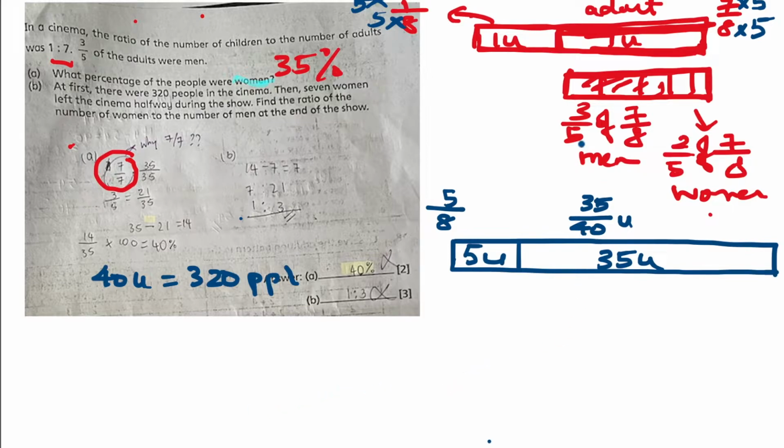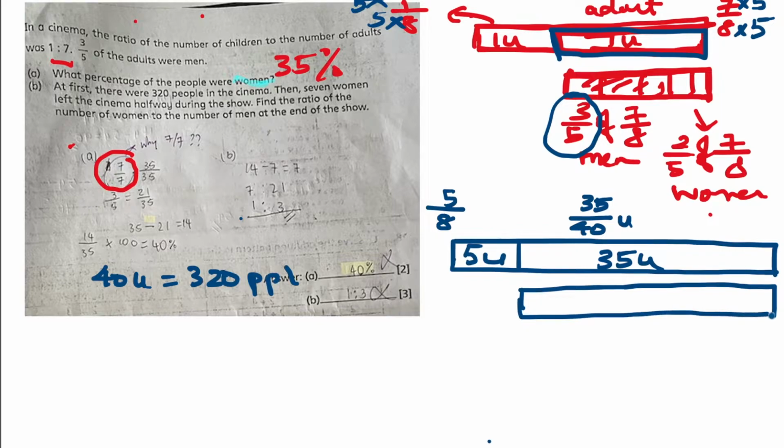Okay, we know that man is actually 3/5 of this thing here. Correct or not? So man, if you want to draw here, is actually 3/5 times 35 unit. You can use your calculator.